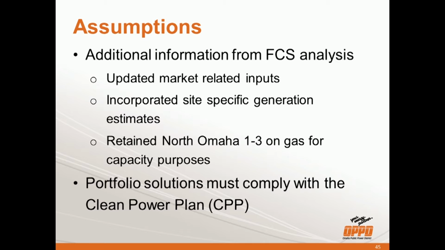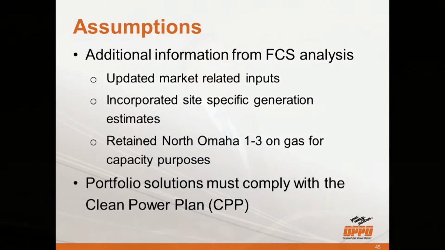We did also incorporate our site-specific generation estimates, and what we mean by that is we have different technology options at different sites, and so we went through an effort to understand that and make sure that we had the right estimates for site-specific technologies at site-specific locations.